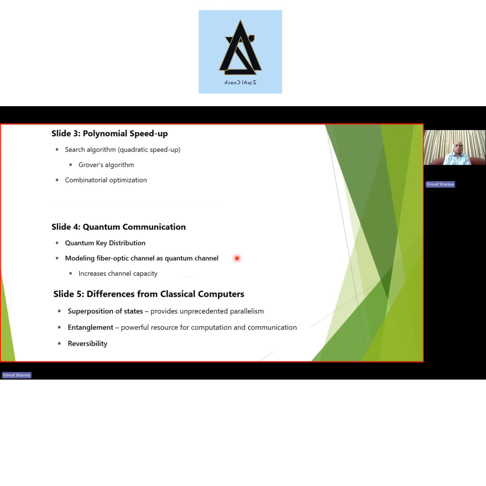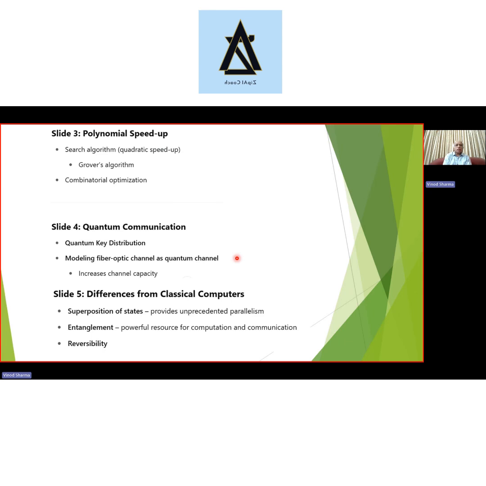We know that most of the communication today is carried either by wireless channels, which is only in the last mile on cellular phones, but the rest of the communication takes place today on fiber optic channels. So far, fiber optic channels have been modeled as classical channels, and communication takes place on them as classical channels.